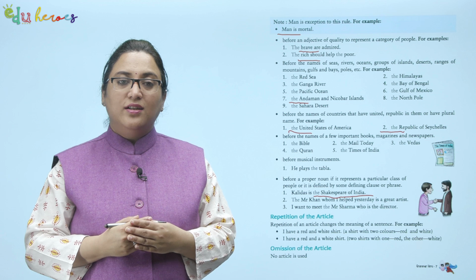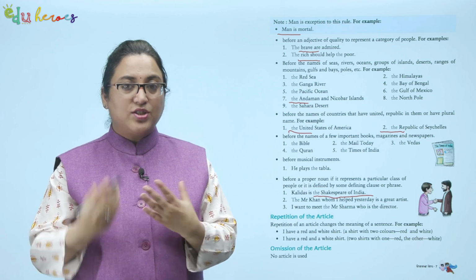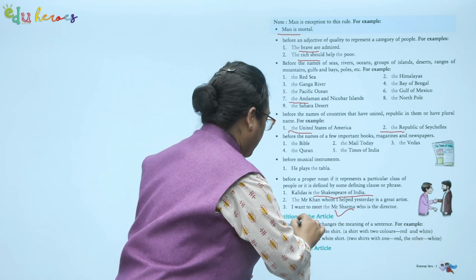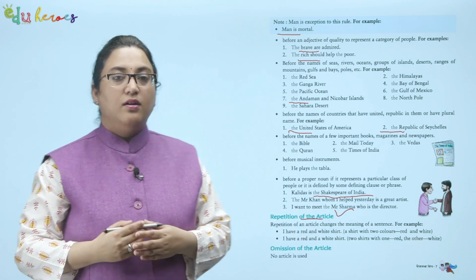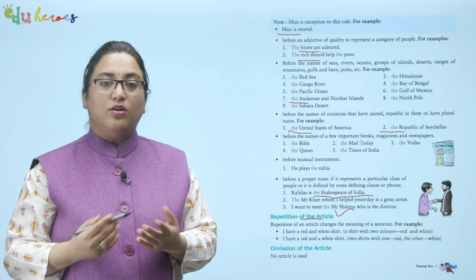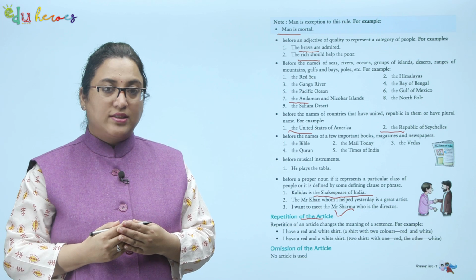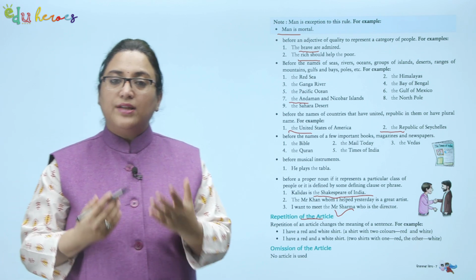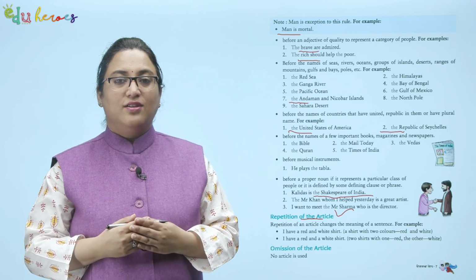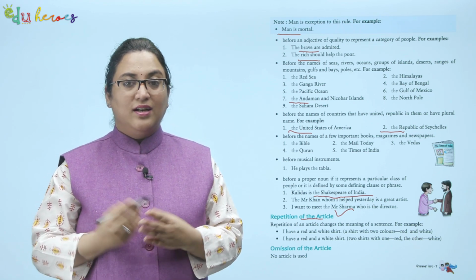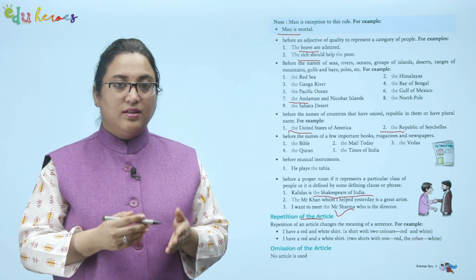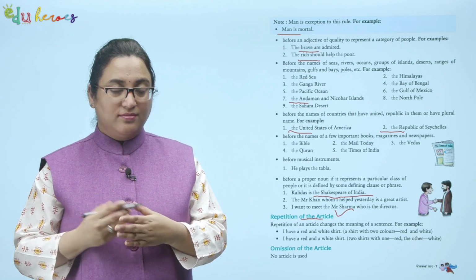Now we will study repetition of the article, in which cases we can do that. Repetition of an article changes the meaning of a sentence, children. For example, I have a red and white shirt. A shirt with two colors, red and white. Let's see the other sentence. I have a red and a white shirt.